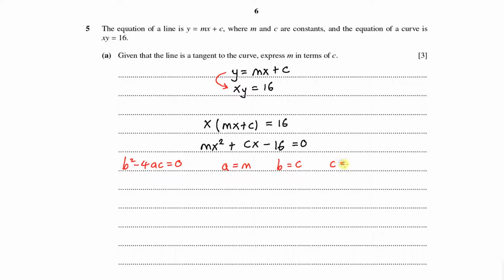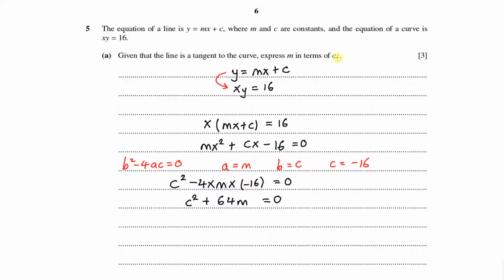And c is minus 16 for the discriminant. So right here, b squared minus 4ac will be c squared minus 4 times m times minus 16. And we say this should be equal to 0. So that's c squared minus 4 times minus 16 gives us plus 64m, and that's all equal to 0.